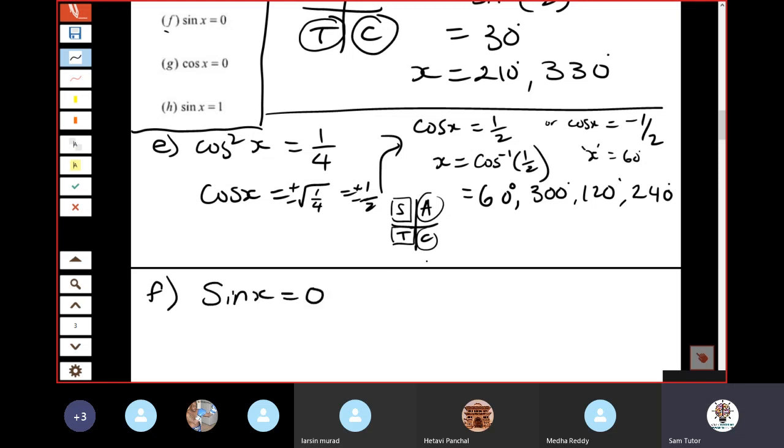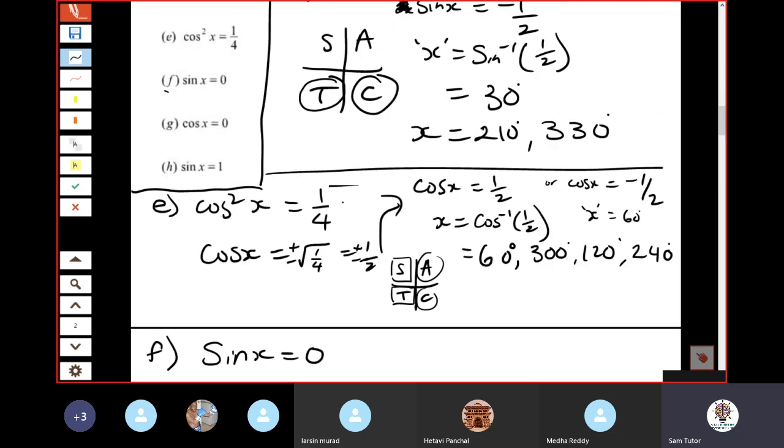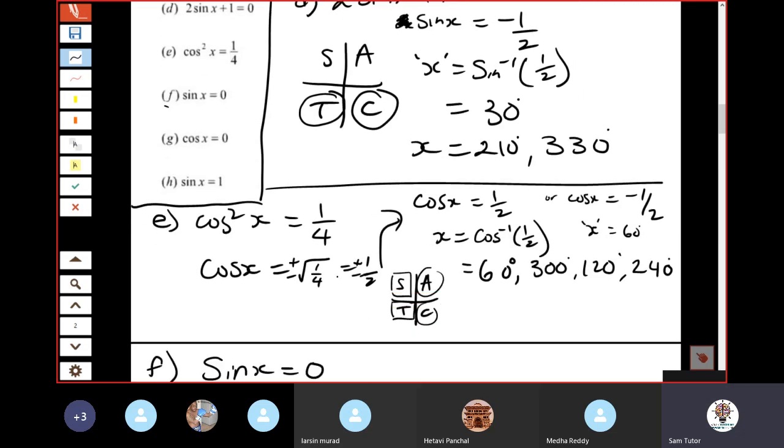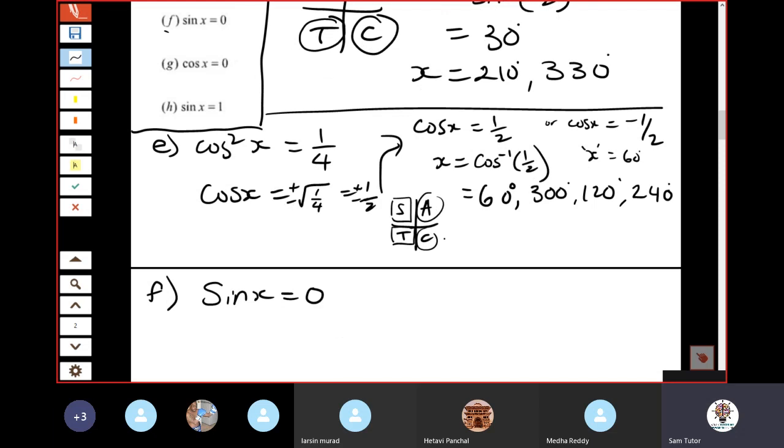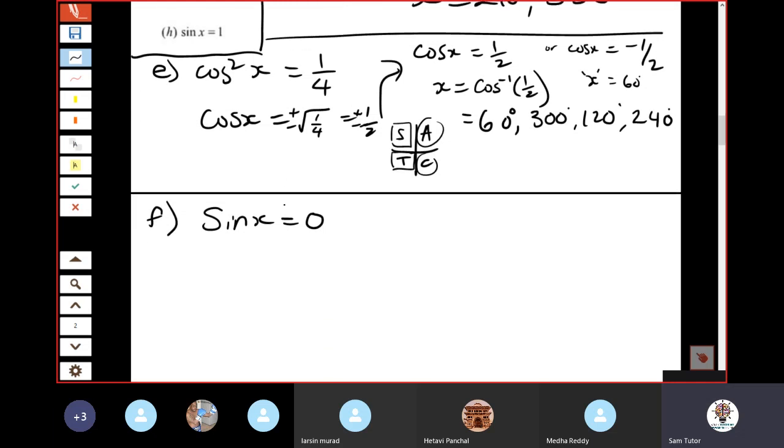Are we starting to feel a little bit more comfortable with trig equations now? And maybe all stations to central as well? Natalia, T. Let's do sine x equals 0.